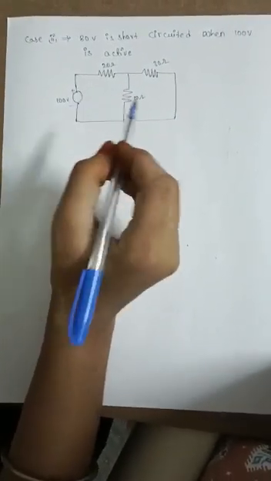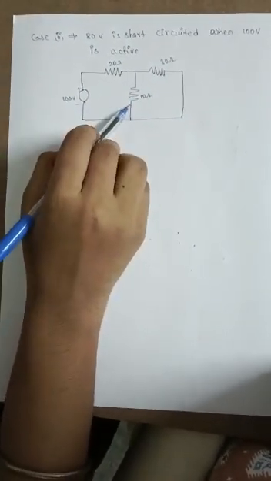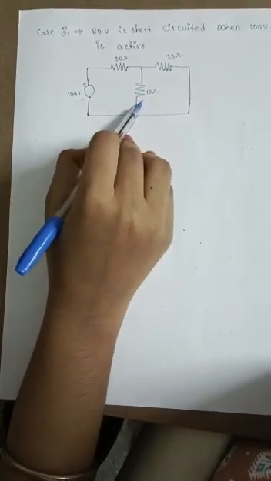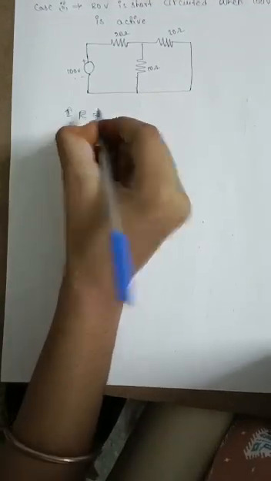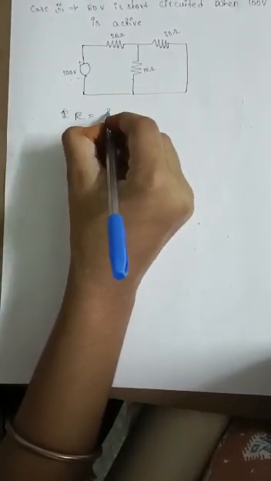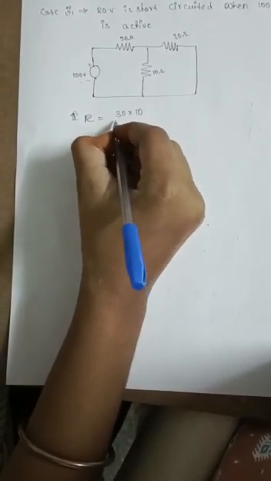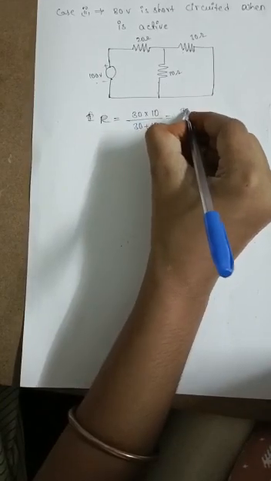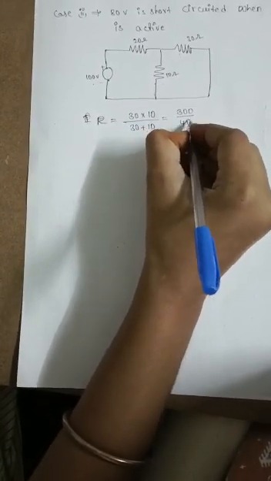Now calculating I2, from 100 volts to the 10 ohm resistor. First we have to calculate the resistance. What will be the resistance? These two are parallel, which means R1 into R2 by R1 plus R2. 300 by 40.